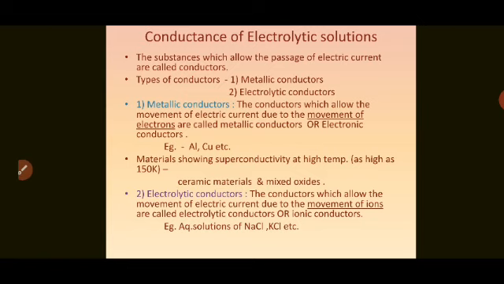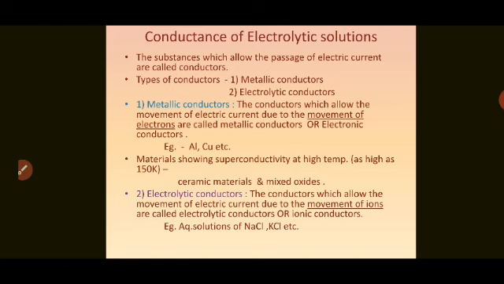That is, metal ions are present in the sea of electrons. These electrons are free to move, and hence whenever it is connected to a battery, the electrons flow. And what is the flow of electrons?